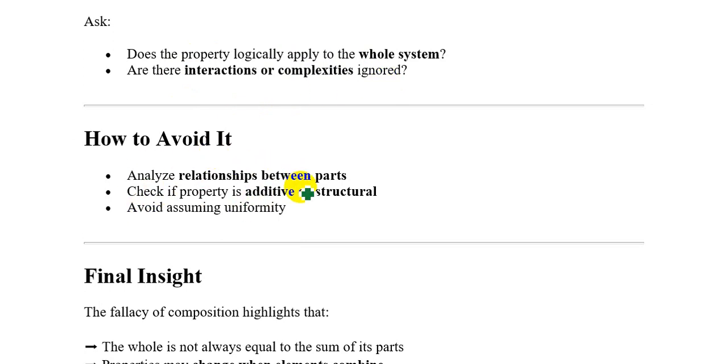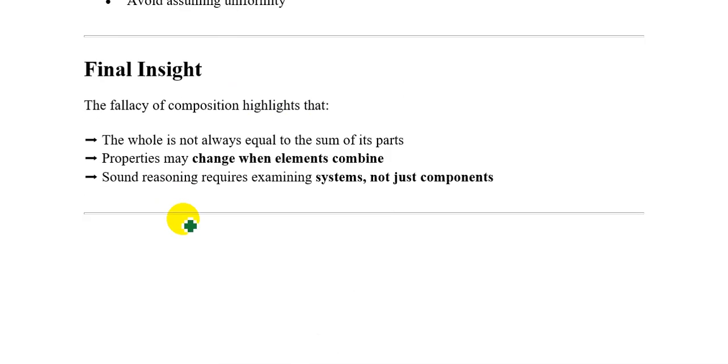Analyze the relationship between parts, check if the property is additive or structural. Avoid assuming uniformity. The fallacy of composition highlights that the whole is not always equal to the sum of its parts. This is important. Properties may change when elements combine. When you are making a machine, the parts may be small and lightweight, but that does not equate to the machine also being light. Sound reasoning requires examining systems, not just the components.